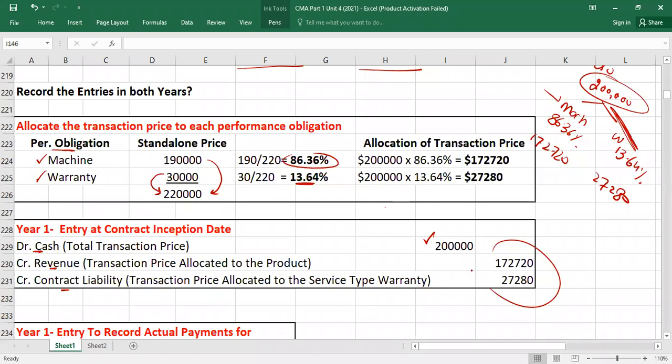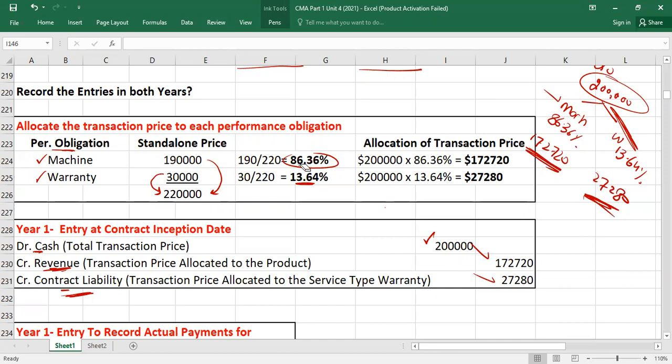Sometimes they might give you these values directly, but sometimes you have to calculate this way also. So once you have these values, you will credit the machine revenue. Obviously, the machine is delivered, so you can book the revenue with the machine value, and credit the contract liability, or warranty liability, deferred income, by 27,280. Clear? First entry is done.